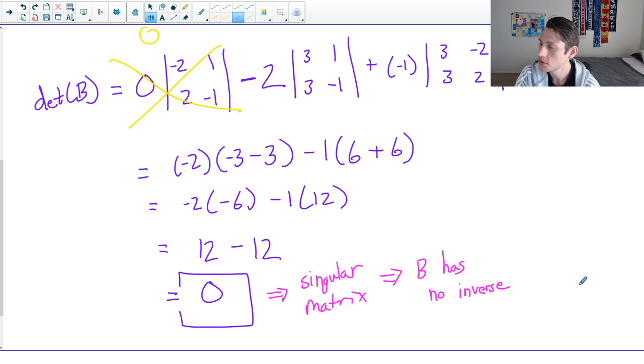Even if I went through trying to find an inverse for B, it would be impossible to do. Because it turns out there's a relationship between determinant and the ability to find the inverse. If we get 0 for the determinant, that must mean that there is no inverse for that matrix. Right? And we call it singular.